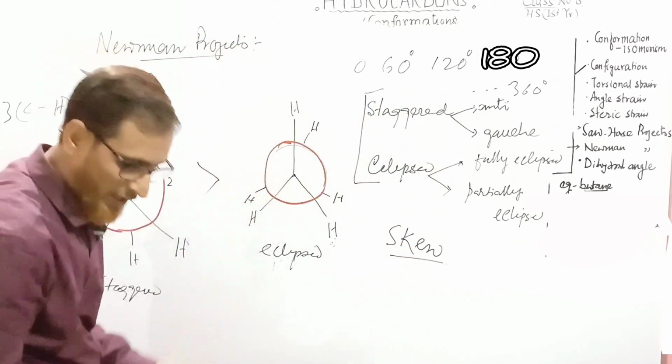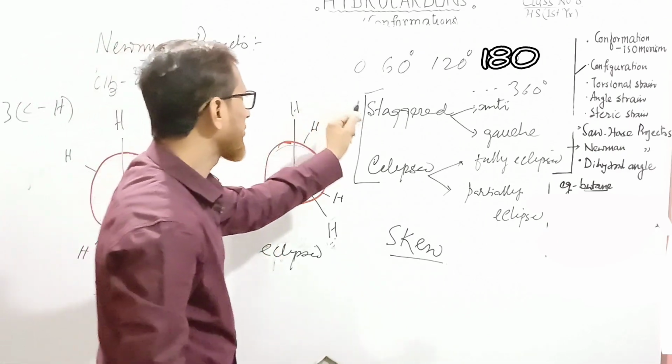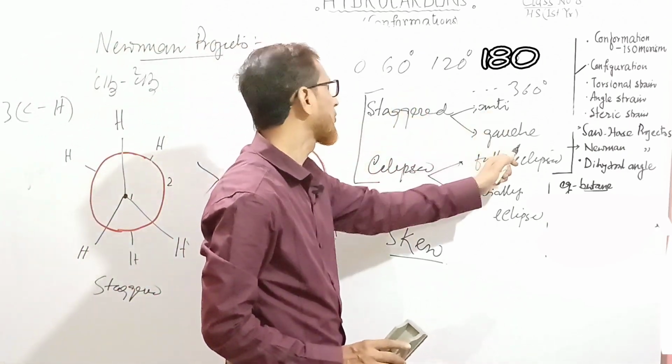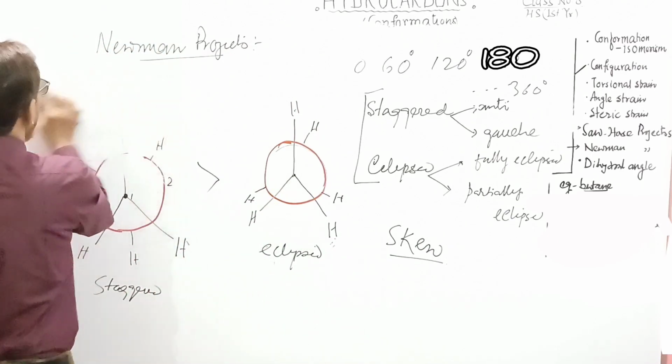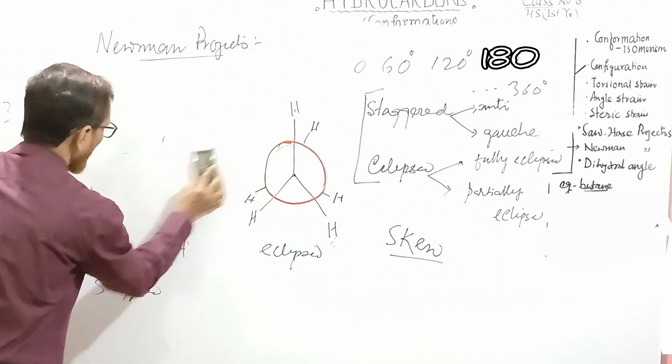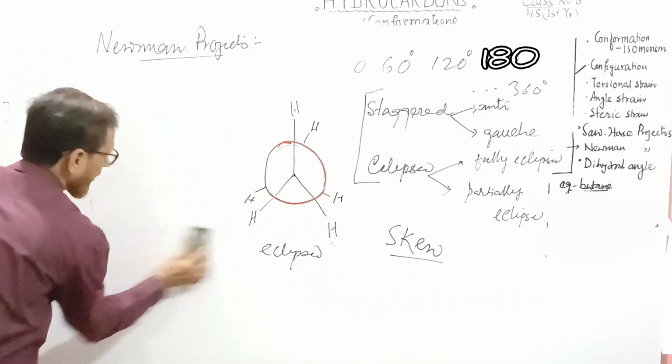Before coming to the energy, let us explain what is actually staggered and what are the anti and Gauche parts. We can show it distinctly with this ethane. Well, let us take the example of butane.